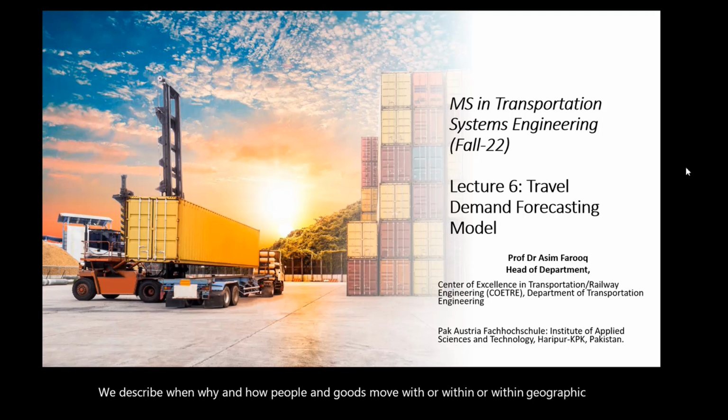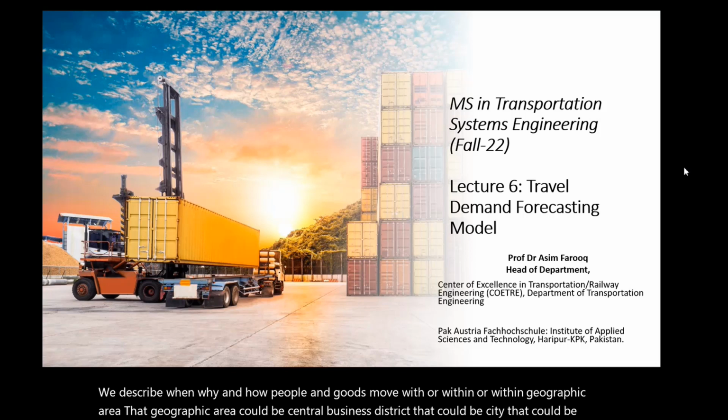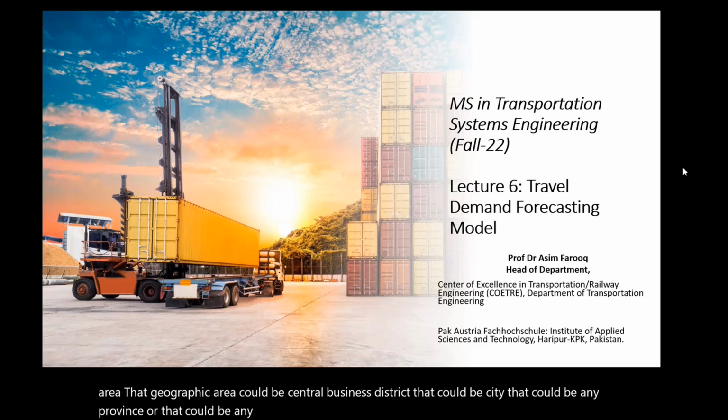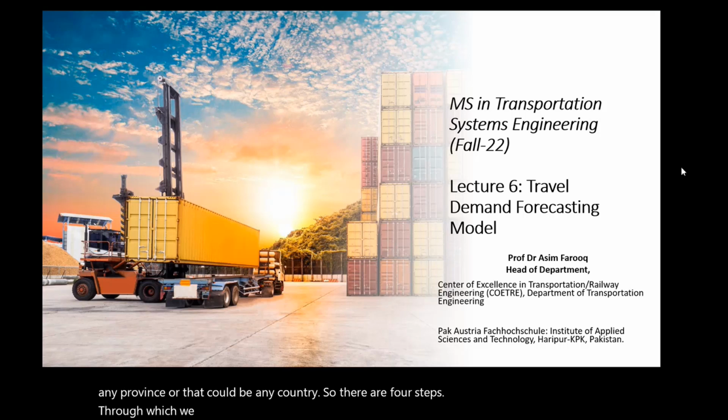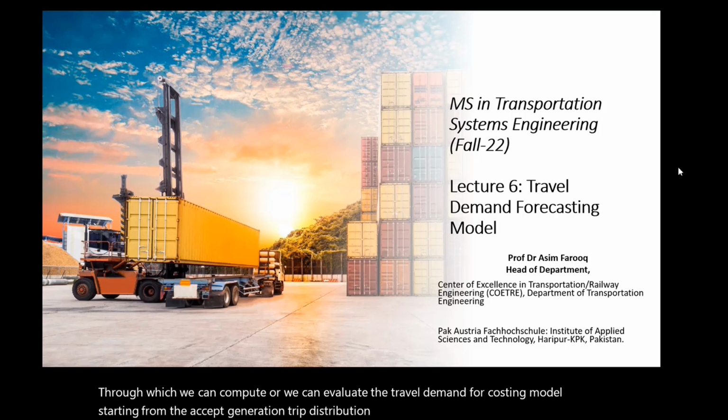That geographic area could be a central business district, a city, a province, or a country. There are 4 steps through which we can evaluate the travel demand forecasting model: trip generation, trip distribution, mode choice, and route choice.